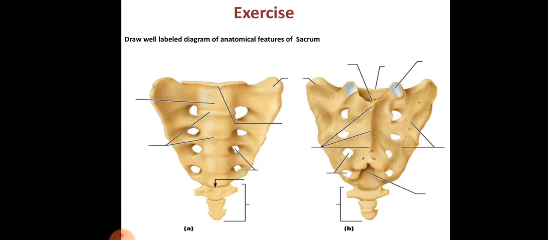Now this is the exercise for you. In this you have to draw this diagram, the anterior and the posterior surface of the sacrum, and label all the structures which are demarcated in this diagram, and use only black pencil or black pen for drawing this bone.